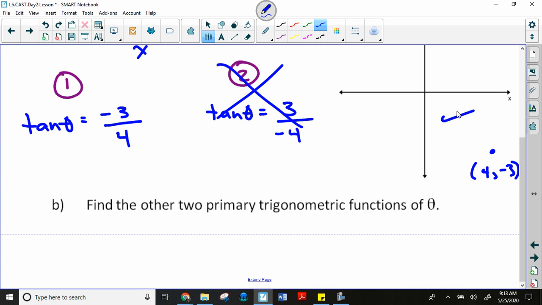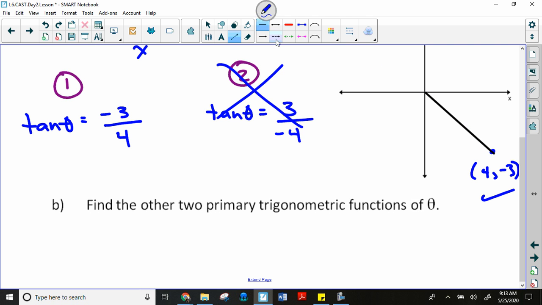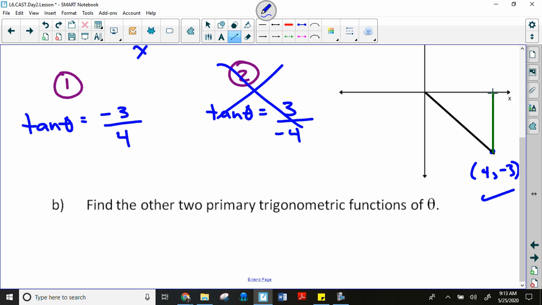I'm going to draw a terminal arm in black, and then drop my perpendicular in green. What does this coordinate mean in terms of this triangle? It means that we came across an x value of 4, and then we went down negative 3.